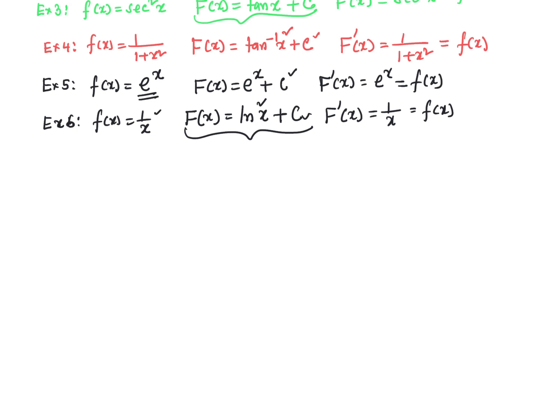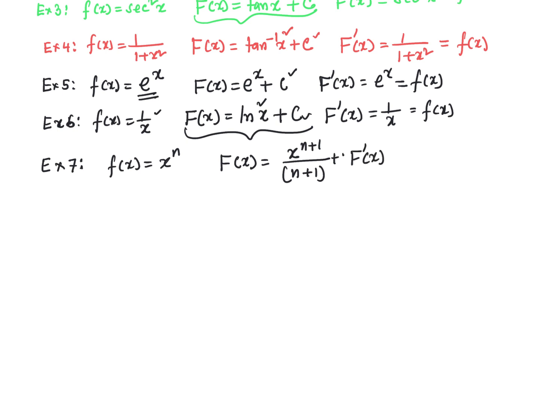Now let's consider another example, a general example. Let's say f of x is equal to x to the power n. It's easy to find the antiderivative for x to the power n. Why? Think of the function x to the power n plus 1 over n plus 1, plus a constant c. See what happens if you take the derivative of it.